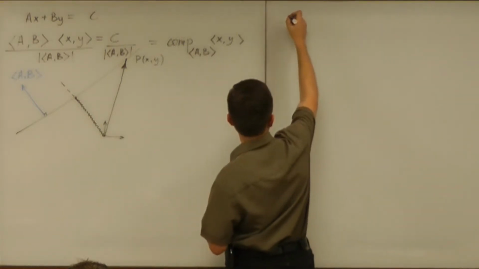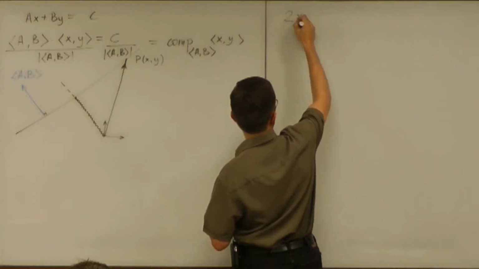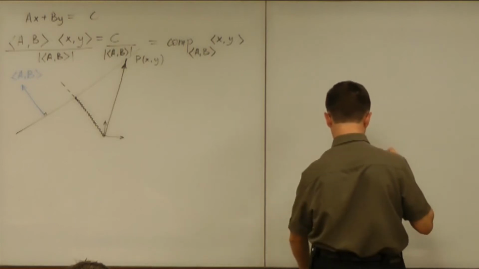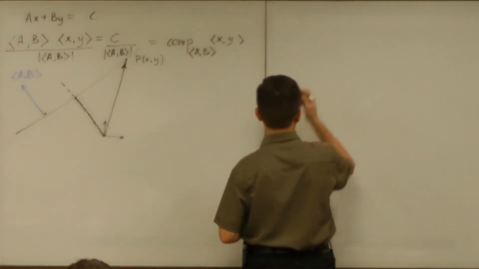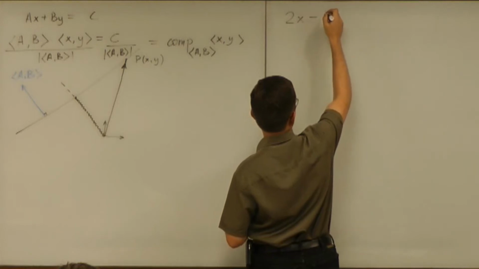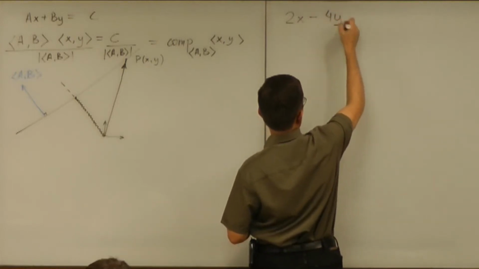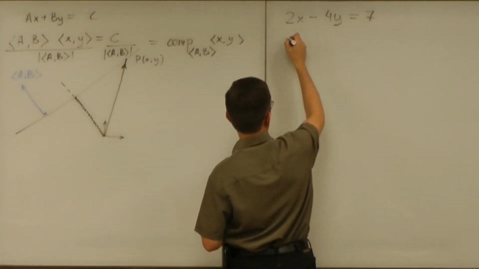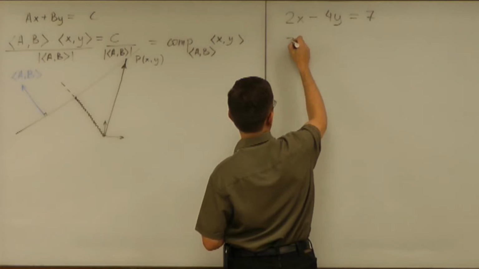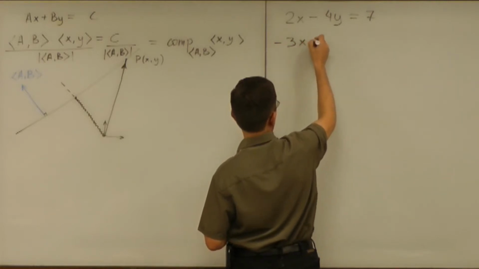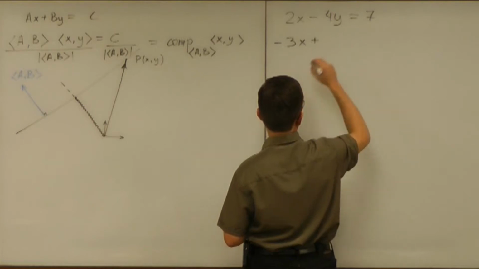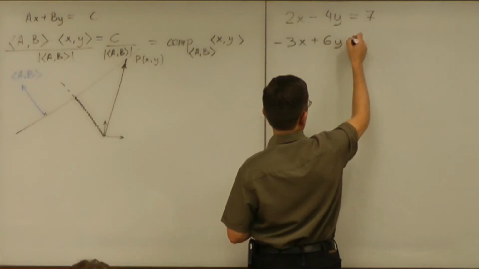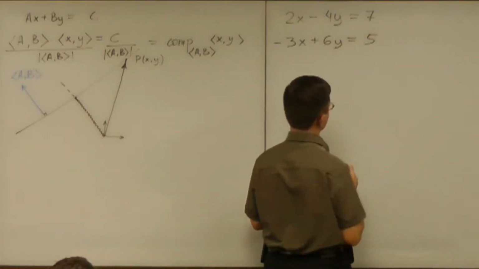Let me give you two equations. 2x minus 4y equals 7 and negative 3x plus 6y equals 5.